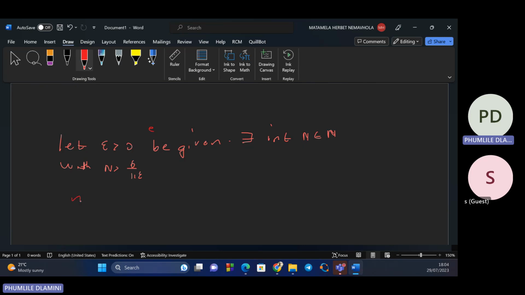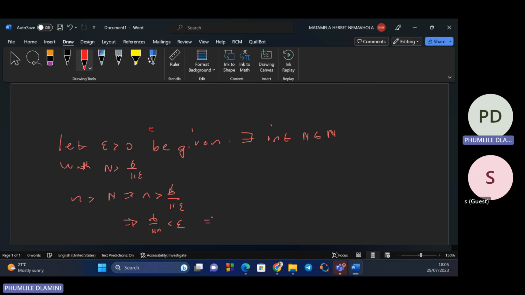So now we have n greater than 6 over 11 epsilon. This is going to imply that 6 over 11n is less than epsilon.